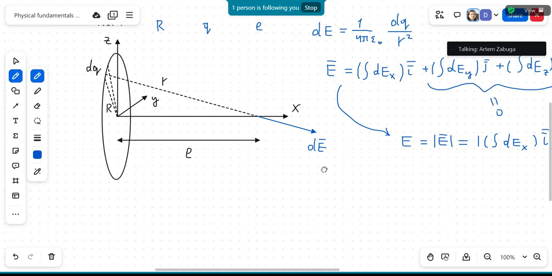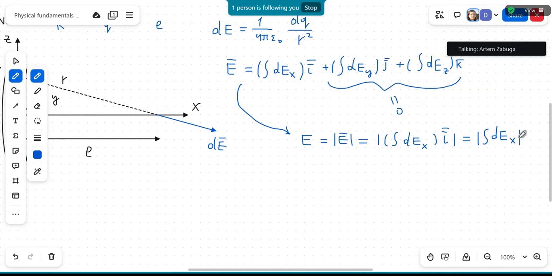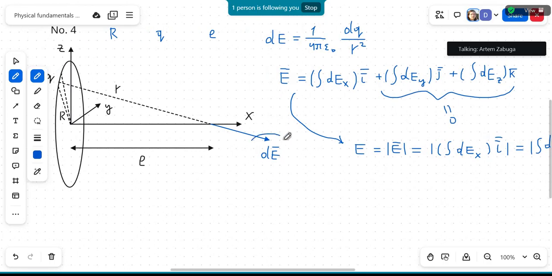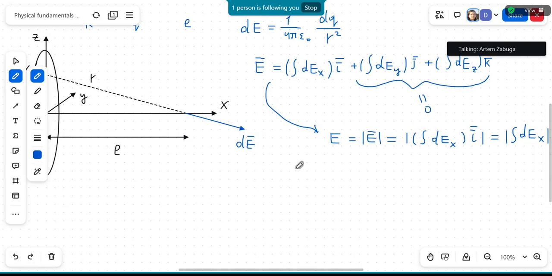Okay, and to calculate this, we have to find a projection of vector dE on axis x. And how to do this?